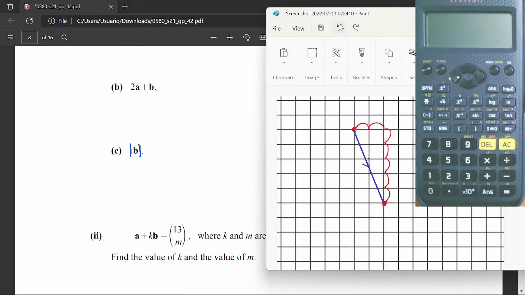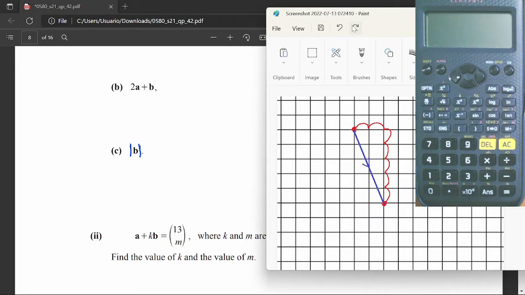All right, so if we start at the red dot, vector b is 2, so it's 2 spaces to the right, and minus 5 means 5 spaces down. That means the vector looks like that.